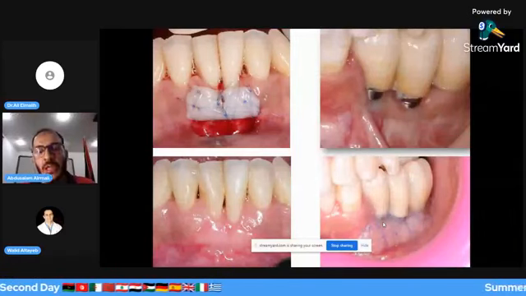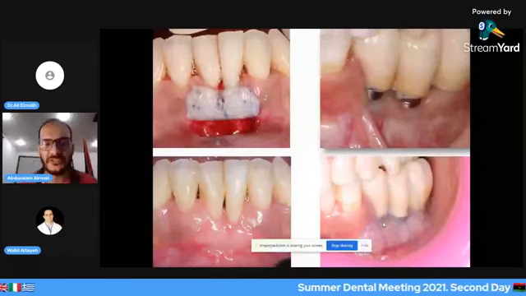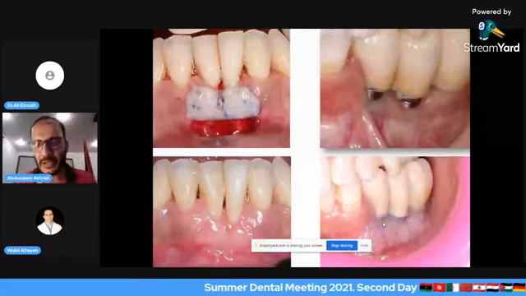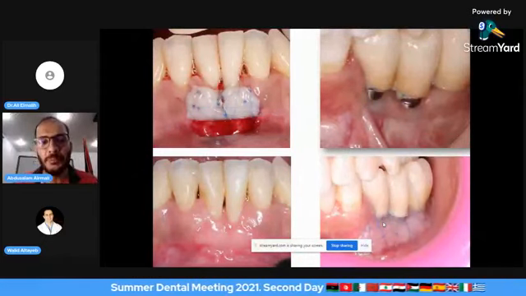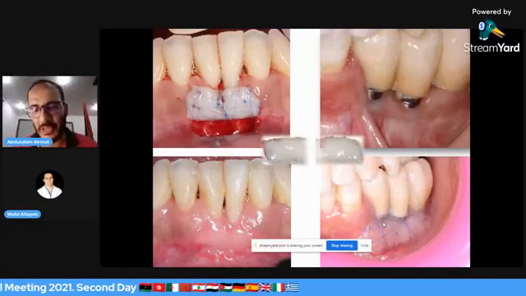So today I will talk about the technique of free gingival graft around teeth and around implants, how we can improve the soft tissue and how we can improve the keratinization around teeth and around implants.